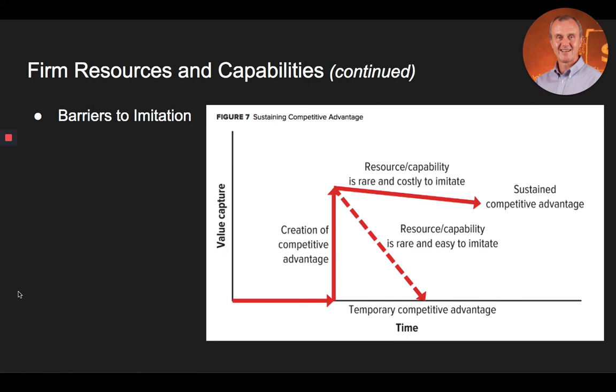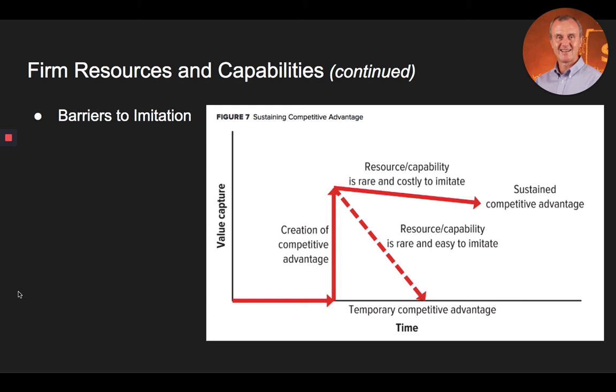One reason why such ambiguity exists is tacit knowledge, or the fact that information is not fully codified. Manufacturing expertise, company cultures, and managerial judgment are all examples of tacit knowledge, and hence, it can be difficult for rivals to copy because they are intangible and subjective qualities. So, in summary, on firm resources and capabilities, the resources and capabilities that firms possess will represent the root sources of firms' competitive advantages.